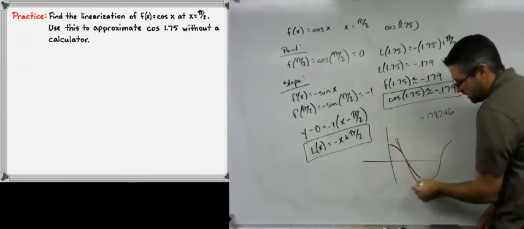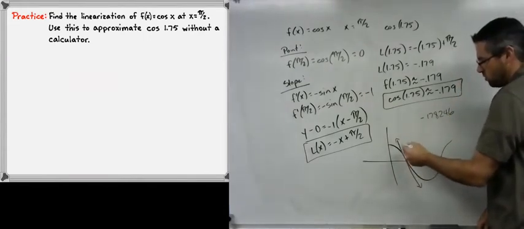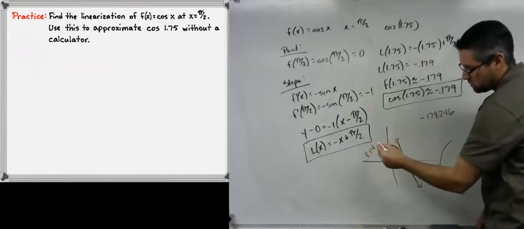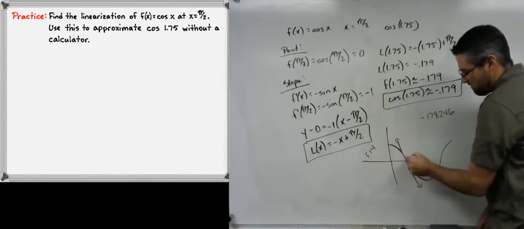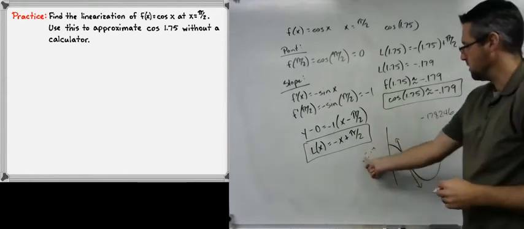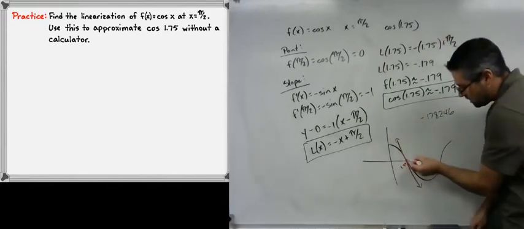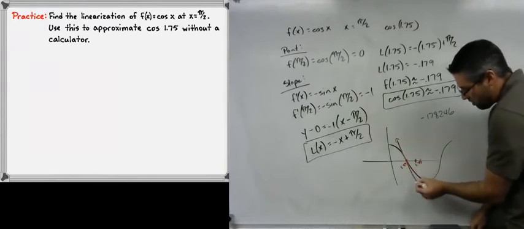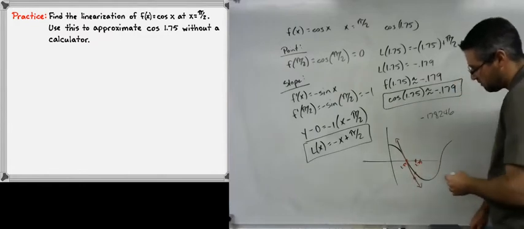Pi over 2 is 3.14 divided by 2, so this is at 1.57 approximately. That's the point of tangency, and we were looking for 1.75. So we were actually over here at 1.75, evaluating this point down here to approximate this point right above it.